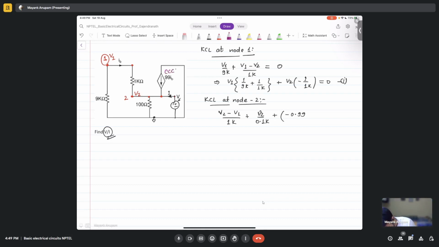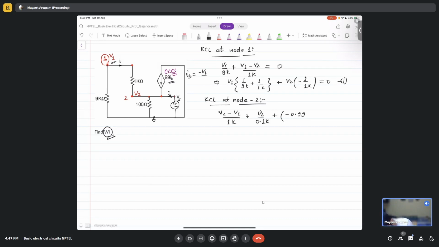So CCCS. So what is IB? IB is an unknown, right? But we know IB in terms of the unknowns that we want. It is actually minus V1 by 9K, right? What is IB?